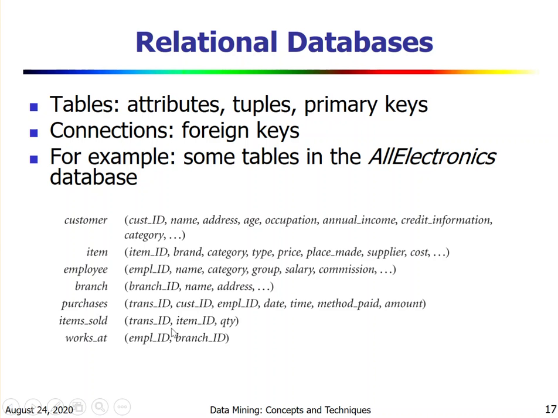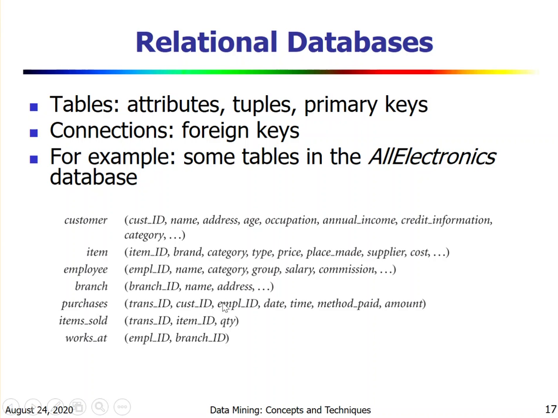Another example of a foreign key is purchase. In this transaction, this customer purchased something through this employee. So you can see this purchase connects some other tables: the transaction table, the customer table, and the employee table.